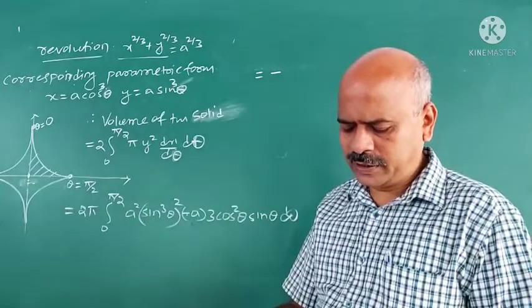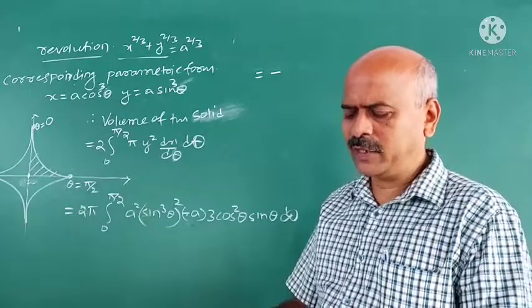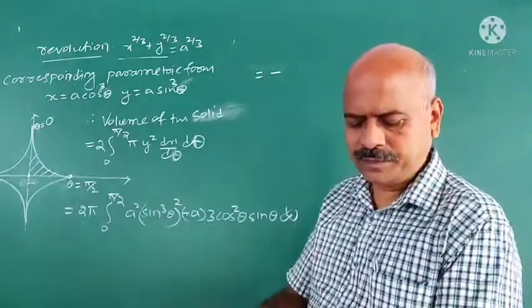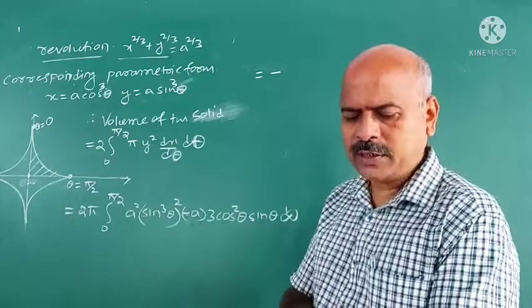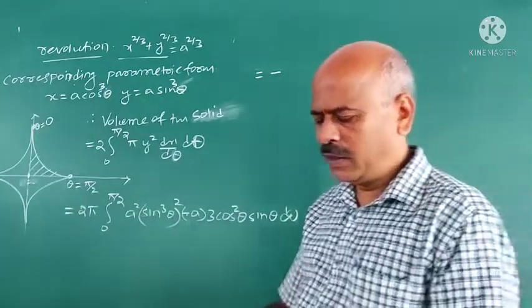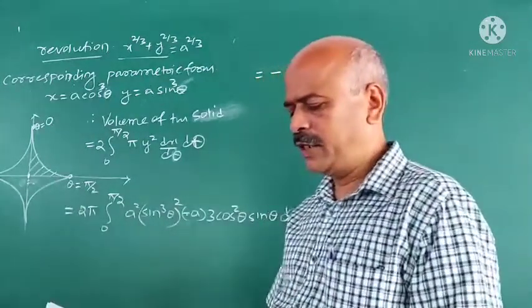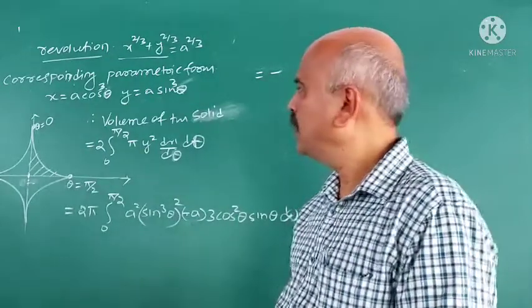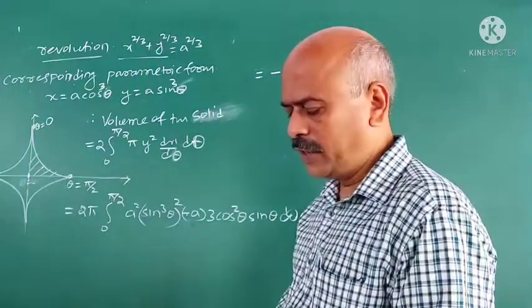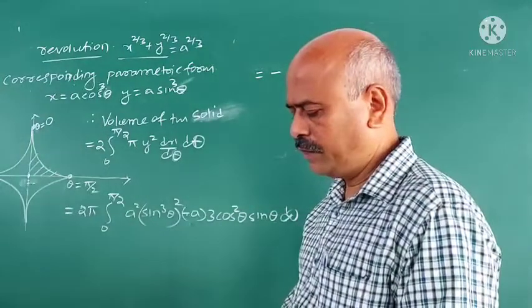About x axis it is pi into y square dx by dt. Just a minute. About x axis, yes, the formula is correct. X is a cos cube theta, y is a sin cube theta.